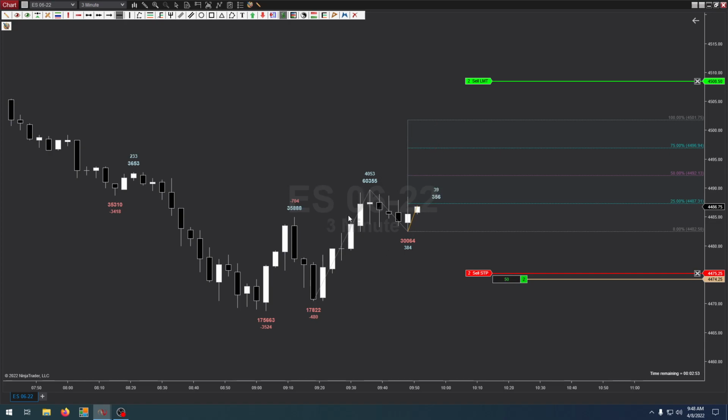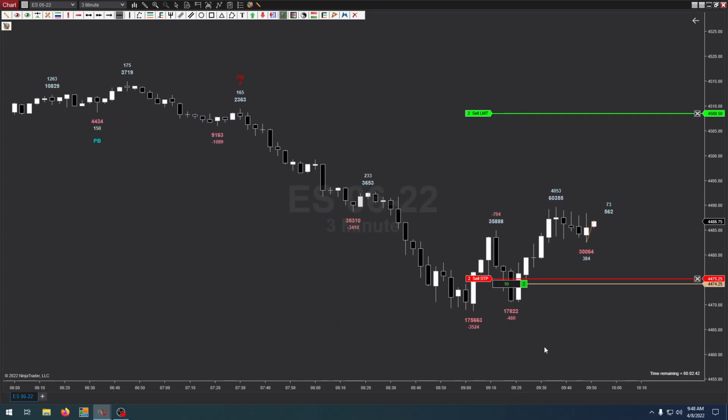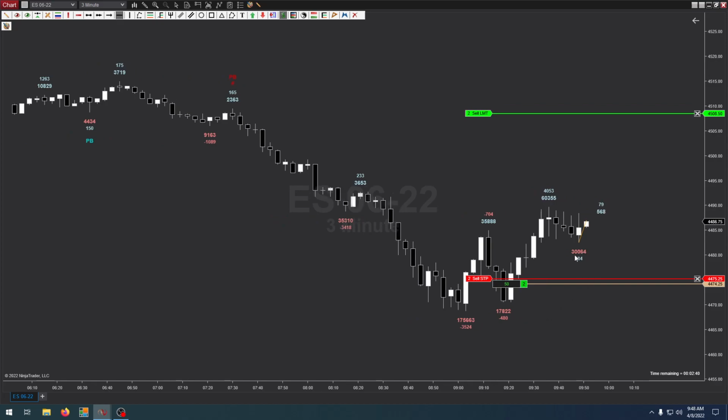So that's why the confirmed swing short actually makes the pattern stronger. And we did have a positive buy imbalance here on the confirmed swing short to go higher.